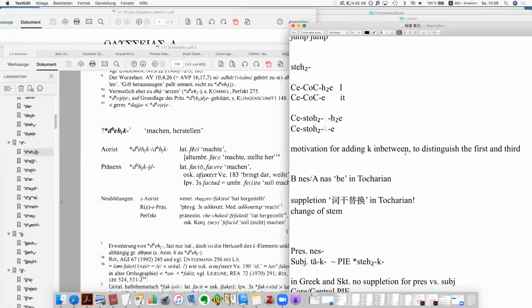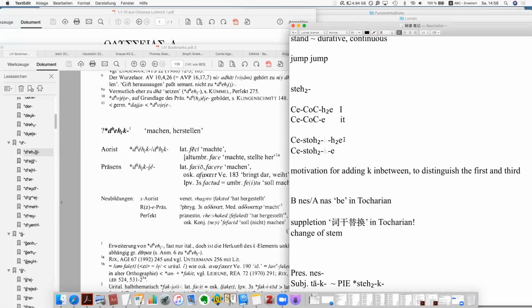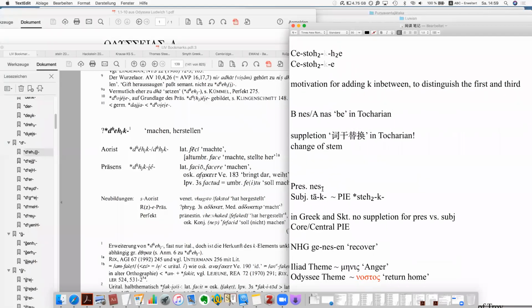Why do we need a K element? Because for some roots whose last sound is a laryngeal 2, you cannot distinguish between the first and third person originally. So in order to distinguish these two forms, you can add a K consonant. This K consonant is also preserved in Tocharian.